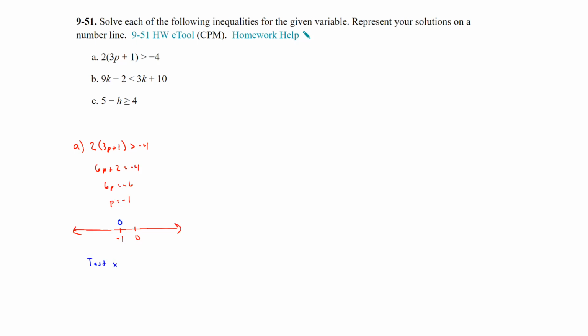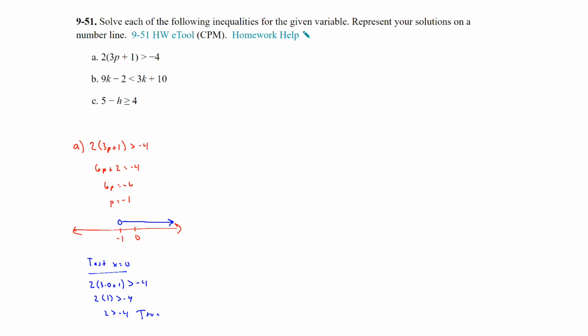So I'm going to test the point 0. Plug that into the original. 2 times 3 times 0 plus 1, or 2 times 1. Is that greater than negative 4? We find out that 2 is greater than negative 4, so this is a true statement, which means all of the values on this side of negative 1 will be solutions.